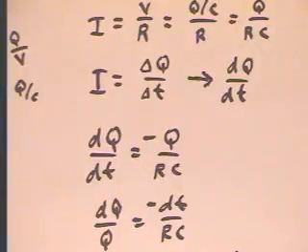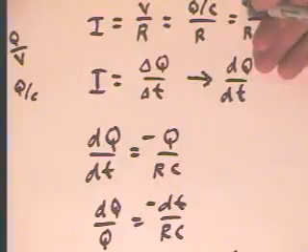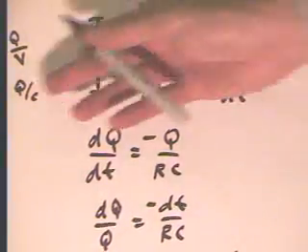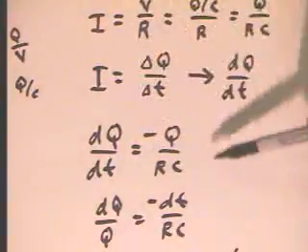Now we get into a little trouble with signs here. Actually, the current up here should have been negative Q over RC in the direction that we're going. But we're just going to take care of that by waving our hands a little bit.